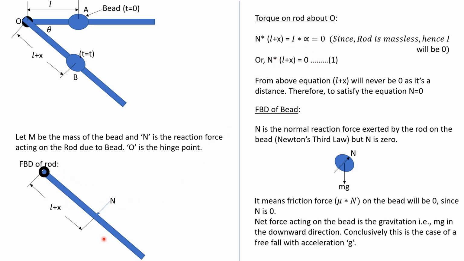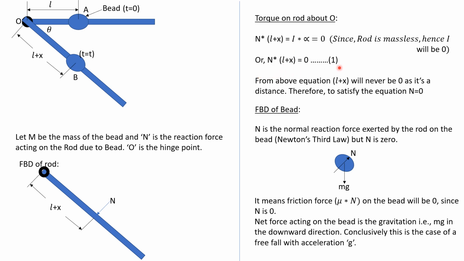But the rod is massless. It is given in the question that it is light. Light means massless, so the moment of inertia will be 0. So N into L plus x will be equal to 0.